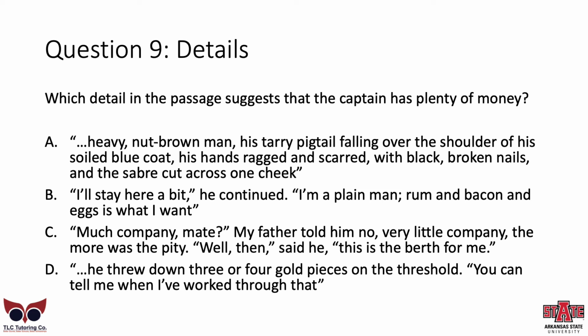"I'm a plain man. Rum and bacon and eggs is what I want." C. "Much company, mate?" My father told him no. Very little company. The more was the pity. "Well then," said he, "this is the berth for me." Or D. He threw down 3 or 4 gold pieces on the threshold. "You can tell me when I've worked through that."